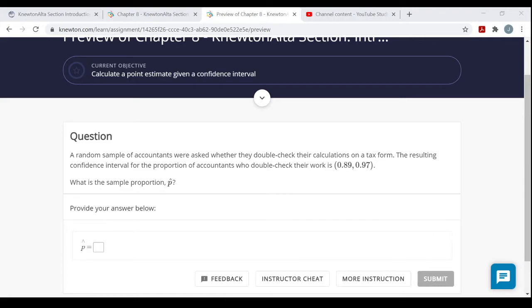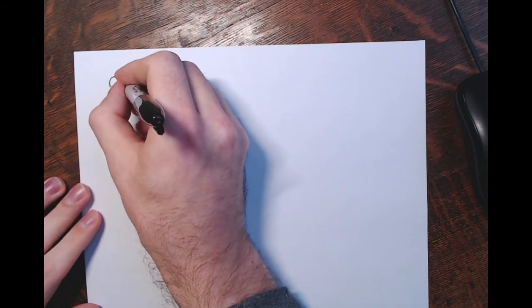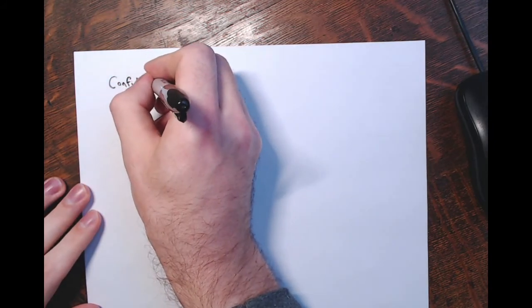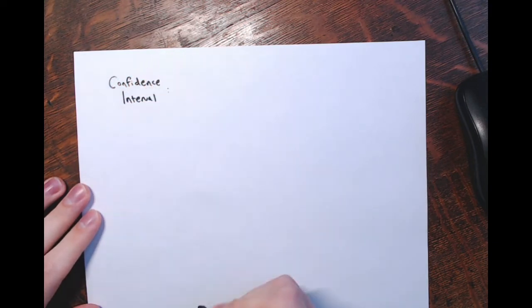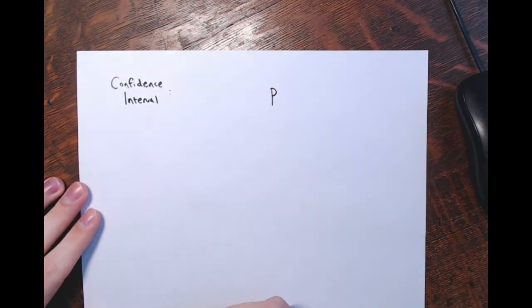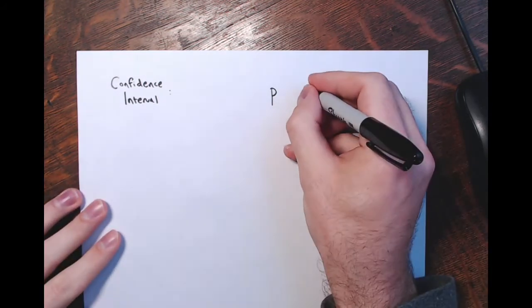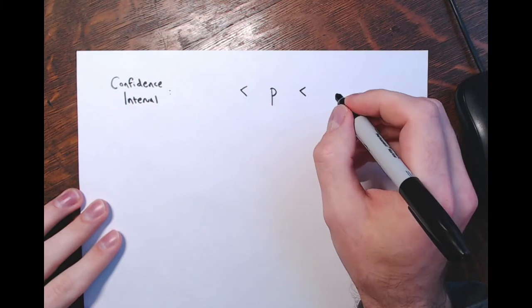So again, I'll refresh your memory on how confidence intervals are formed. This is about a population proportion, p, so we're reasonably confident that p is between 0.89 and 0.97.